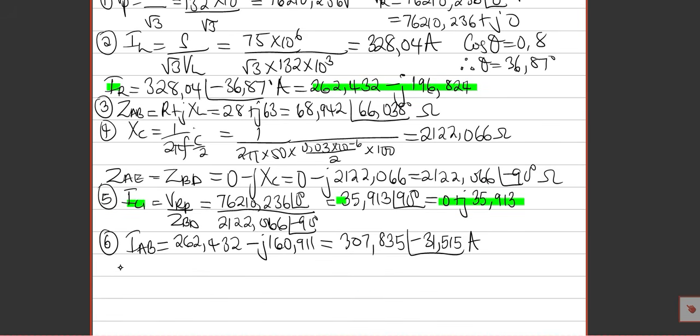The purpose of this is to help us find VAB.